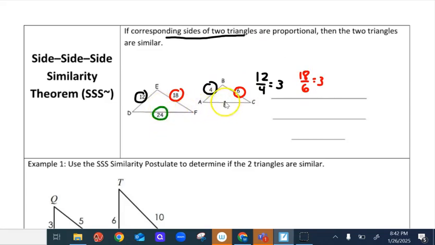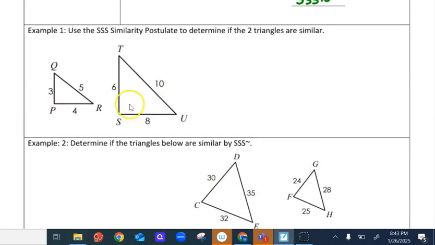And 24 divided by 8 also gives us a 3. So we can say that triangle DEF is similar to triangle ABC, but this time it's by the side-side-side similarity theorem.